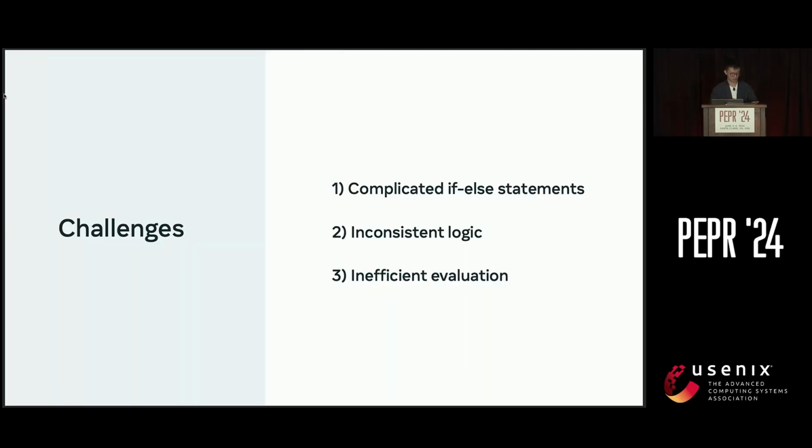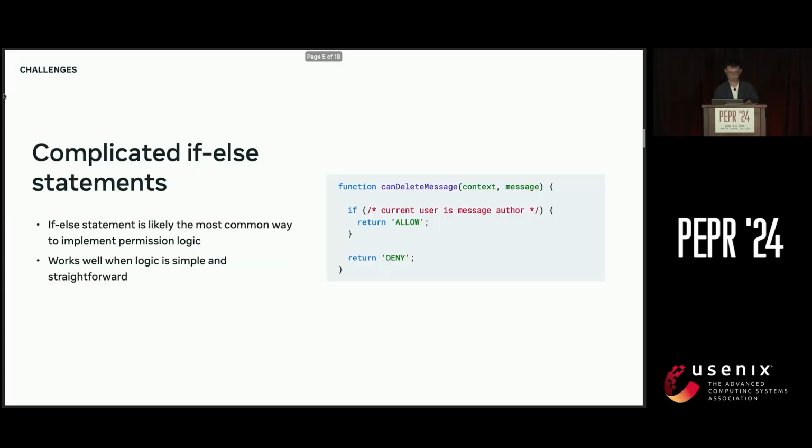Before jumping into the solutions, I'd like to share some common challenges we find when people develop such a permission framework. The first one is complicated if-else statements. If I ask someone here to implement logic like this today, most people will just use an if-else statement.